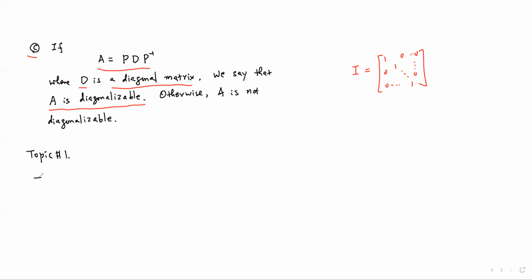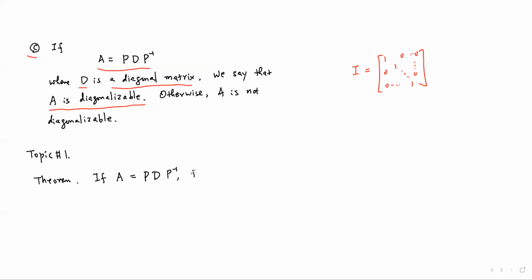Okay, this is a theorem. If A is diagonalizable, that means that we can find matrix P and diagonal matrix D so that this equation is true.